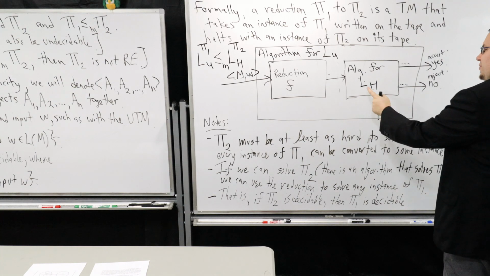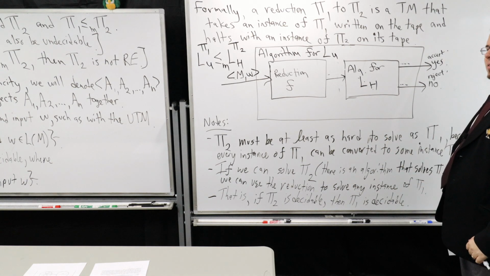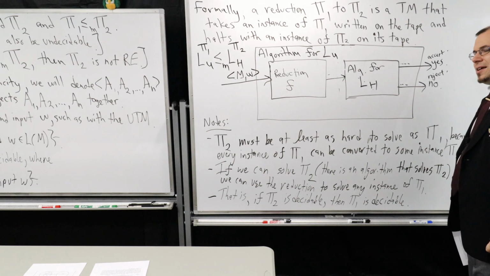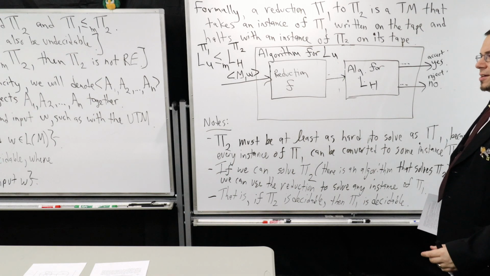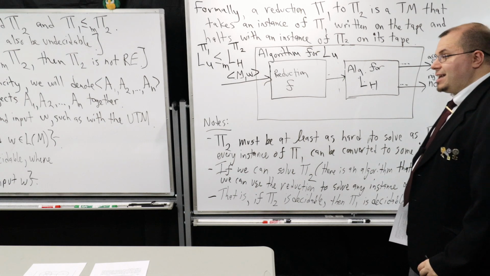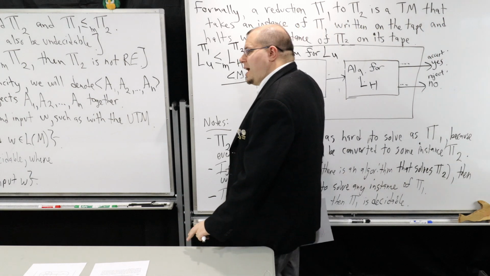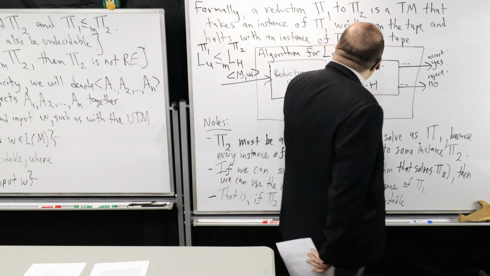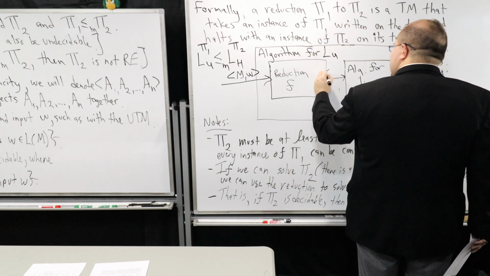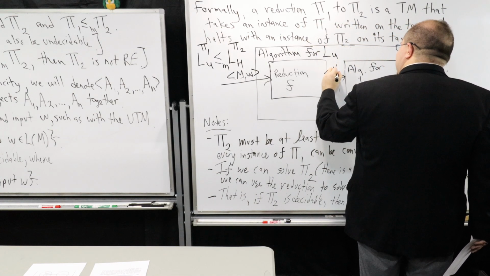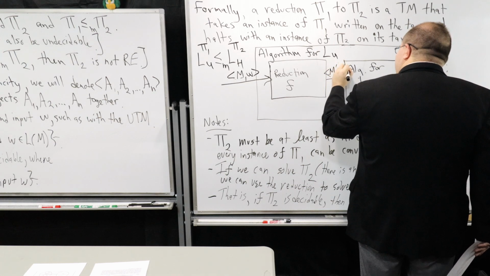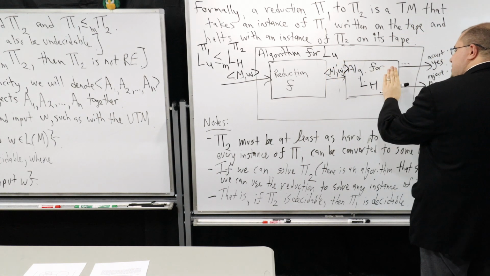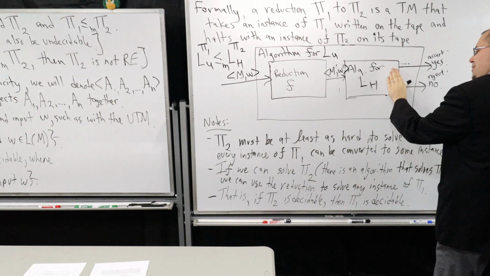What's the input for this? Yeah, exactly. It's just the machine and the string. So it has its own that you're going to build. I'll call them M prime and W prime. And that's what's going to be given to this algorithm.